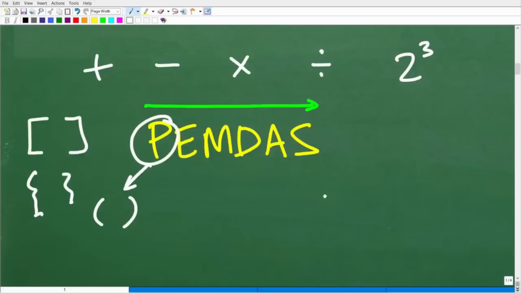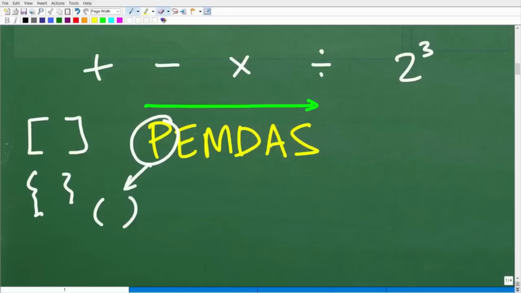Now, one thing about parentheses or grouping symbols, oftentimes you have a problem with multiple sets of grouping symbols. So what you want to do is focus on the innermost parentheses and then just kind of work your way out. Okay. All right. So I'll show you more about the parentheses part of PEMDAS here in a second.